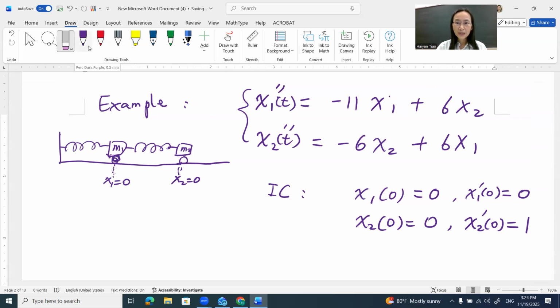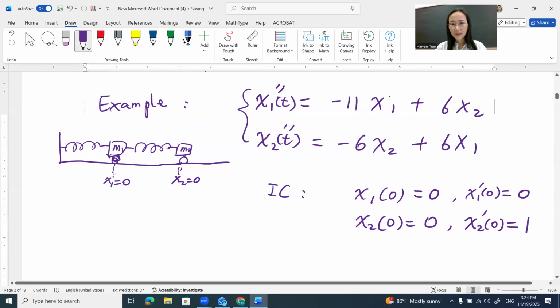In order to make a neat notation system, we can just adopt a set of new names. So let's call x1 as z1.